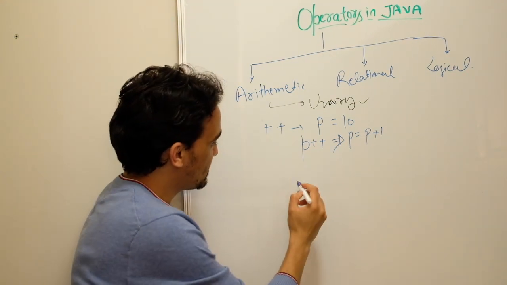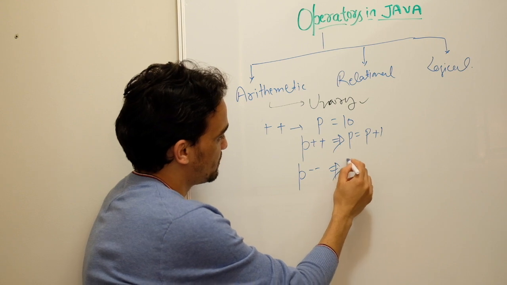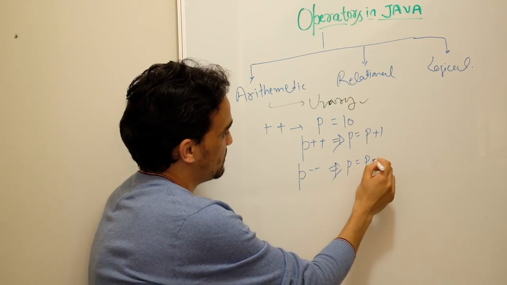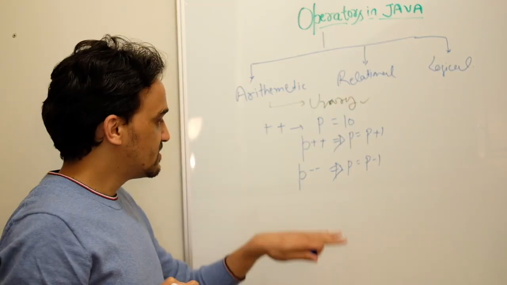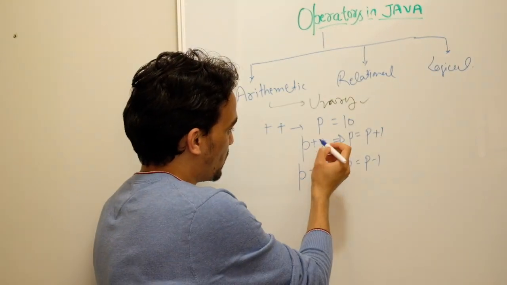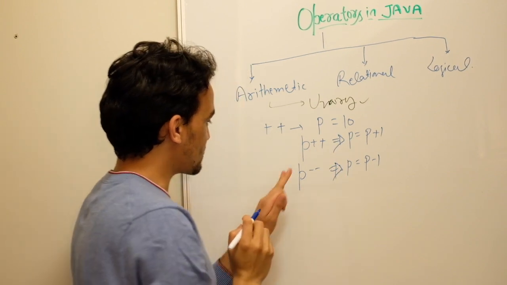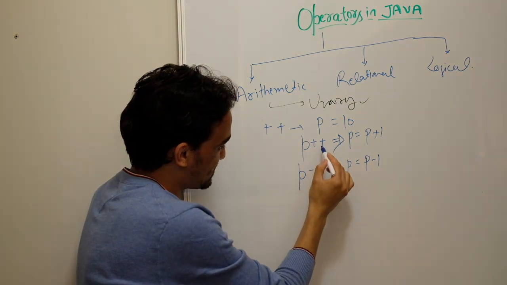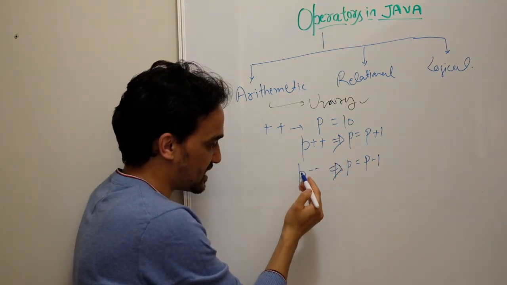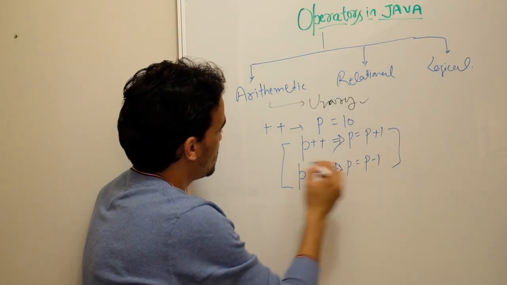Similarly, if I say p minus minus, it's nothing but p equals p minus 1, right? Since the plus plus or minus minus is appended after the variable, that is why these are called prefix.